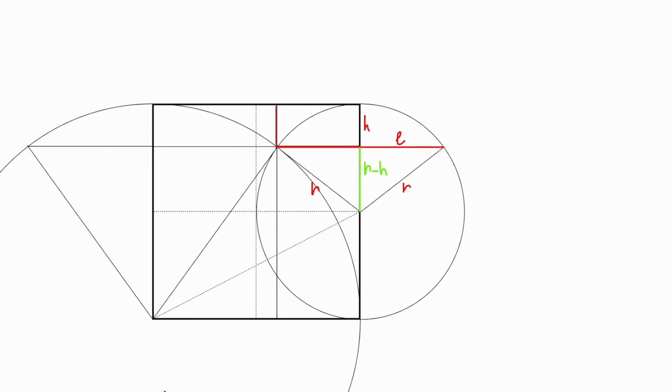for the larger circle. Here everything's the same. Here is the chord, let's call it L large. Here is the height.